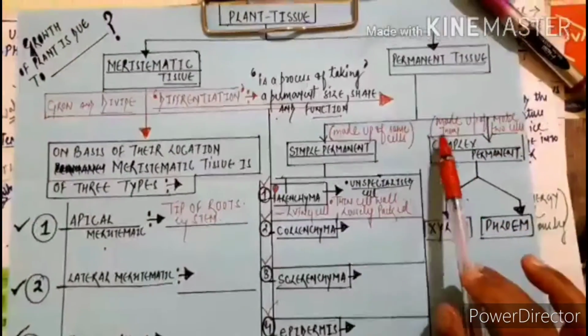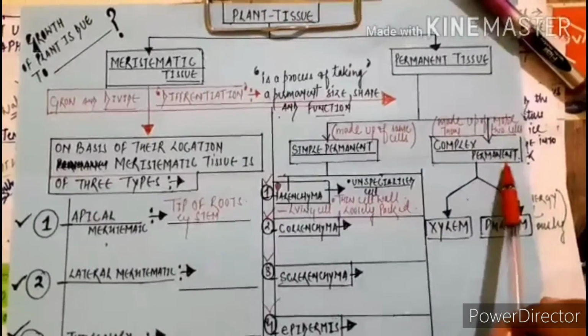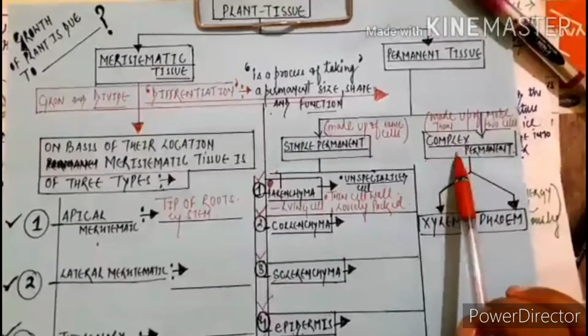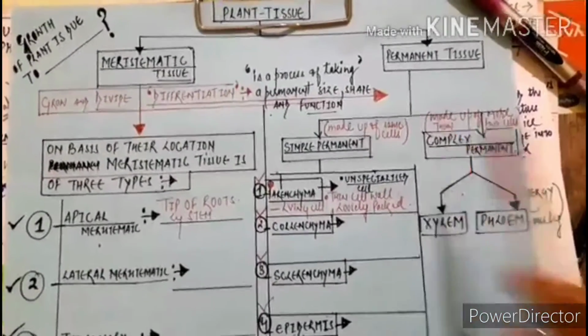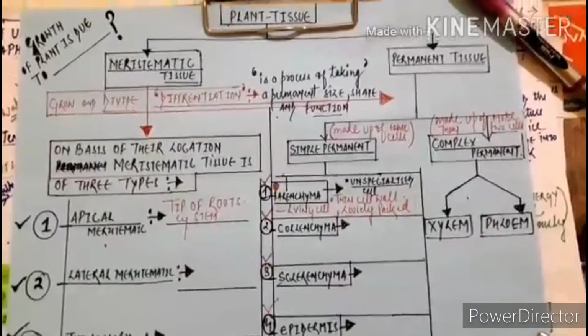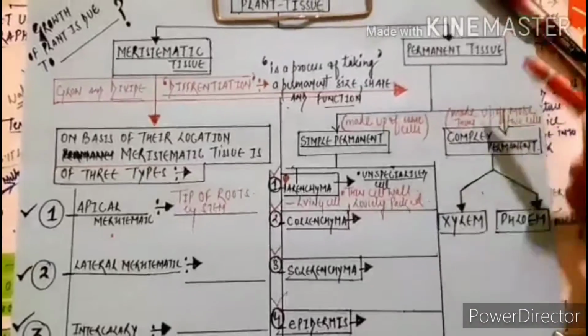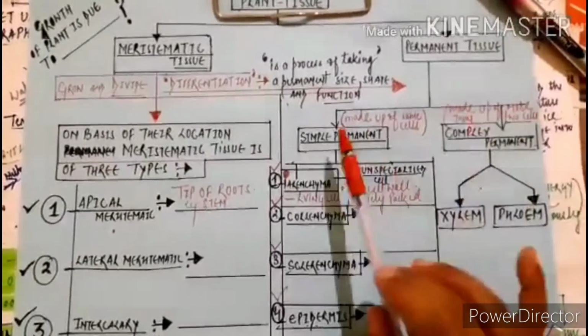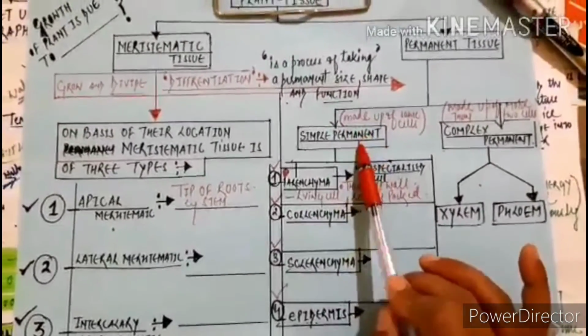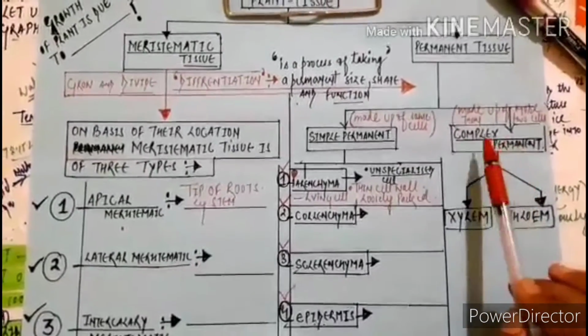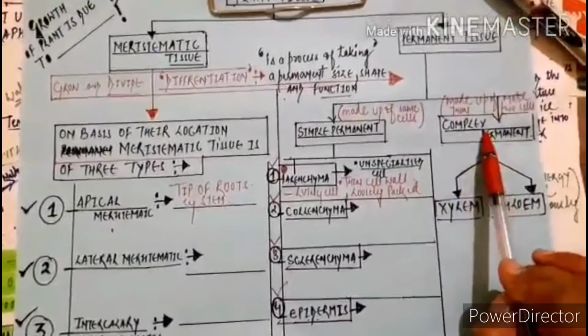On the other hand, complex permanent tissues are made up of more than one type of cells, different types of cells.